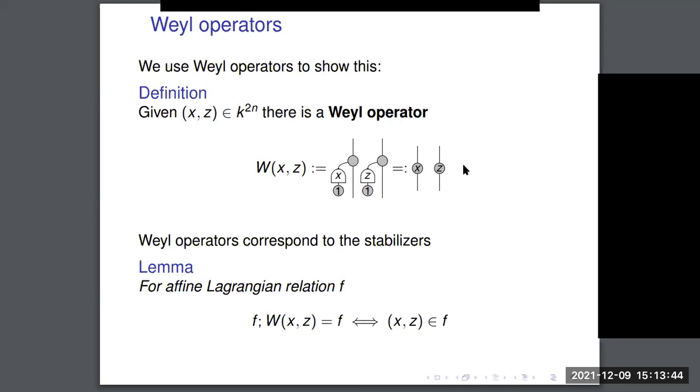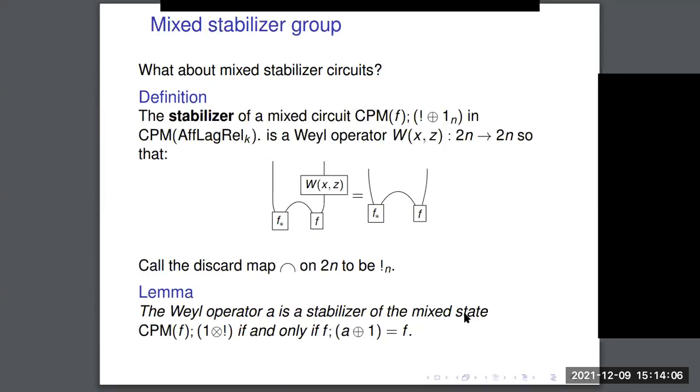And for an affine Lagrangian relation f, if the Weil operator is a stabilizer of f, then this is equivalent to (x, z) being in the affine Lagrangian subspace which f represents. So this is a very important thing to know.